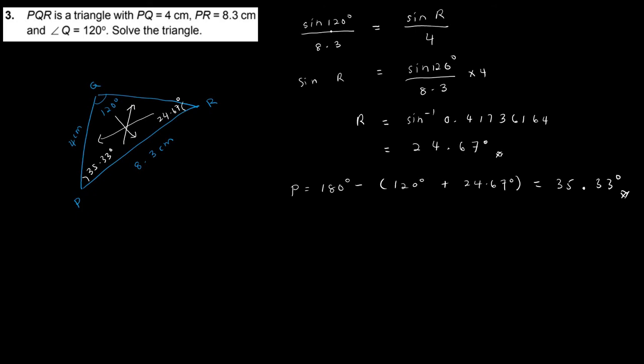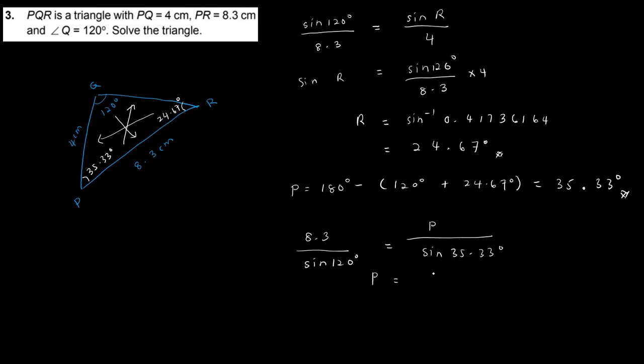And again, I want to use 120 degree and 8.3 cm. So 8.3 cm over sine 120 equal, the length opposite to P is small p over sine 35.33 degree.